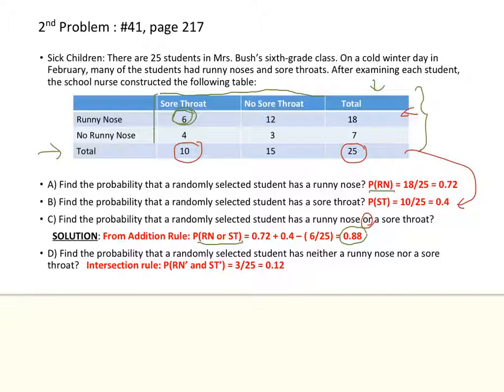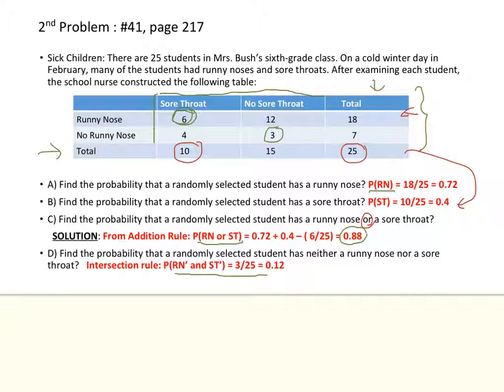And then it says, find the probability that a randomly selected student has neither a runny nose nor a sore throat. Well, we could do that in one of two ways. We could find the intersection of no sore throat and no runny nose and divide it by the total, which we did here.